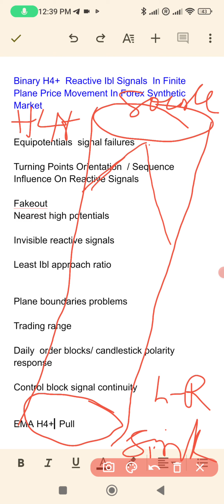As it dropped, let's define a symmetrical axis.